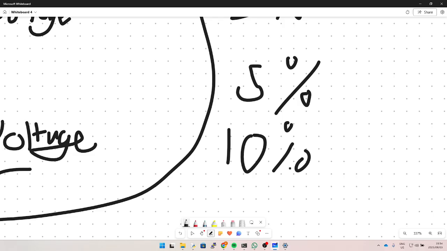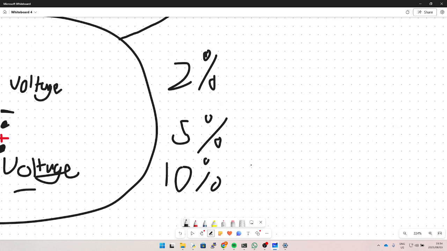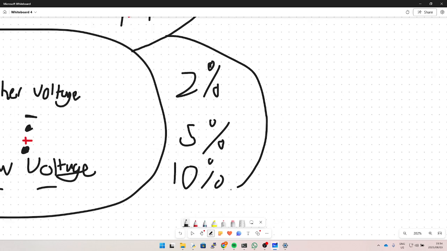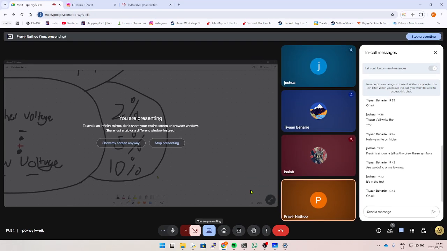Do you guys want me to go over how to do your resistor color coding, or can I just skip over it and carry on? Okay, I'm going to say we'll carry on.